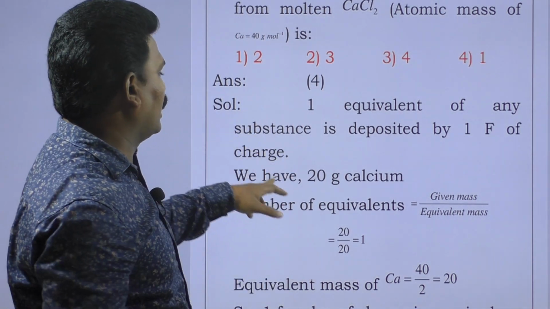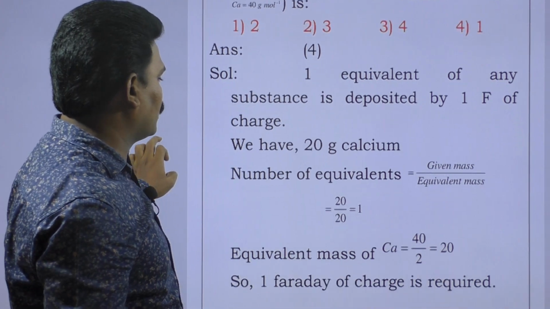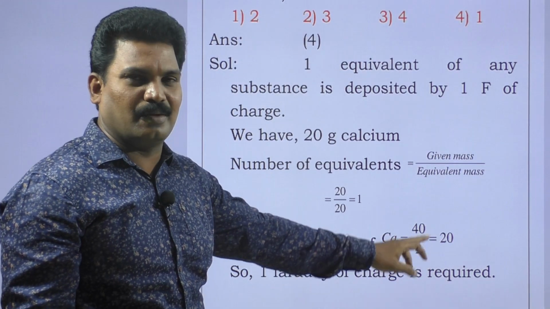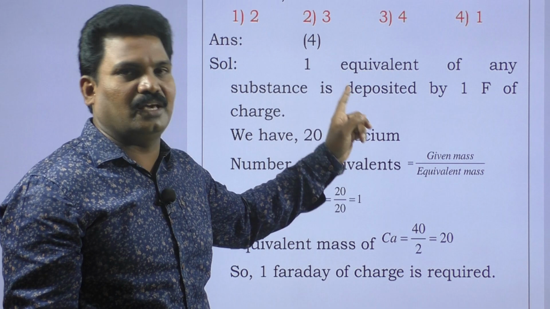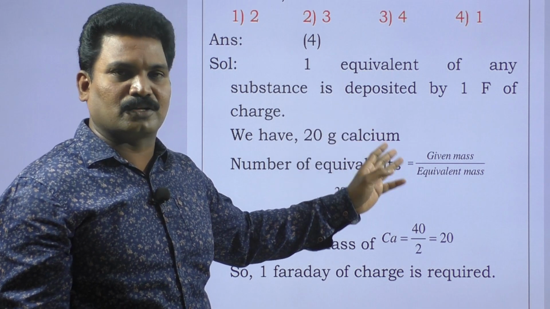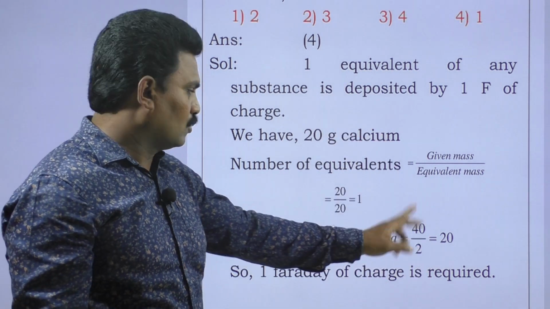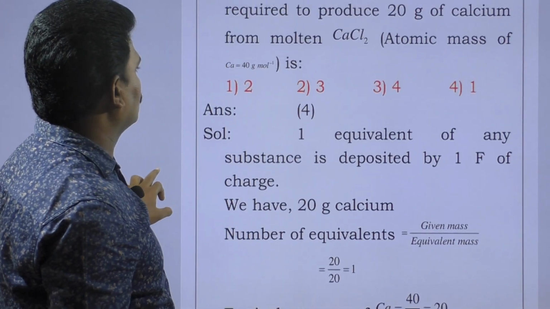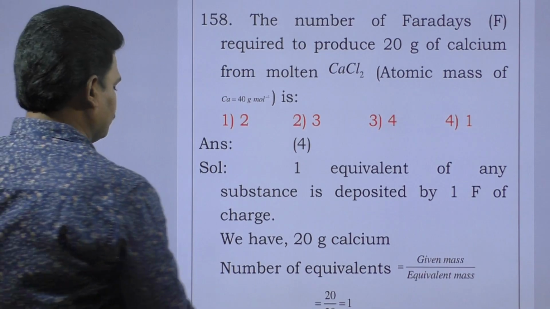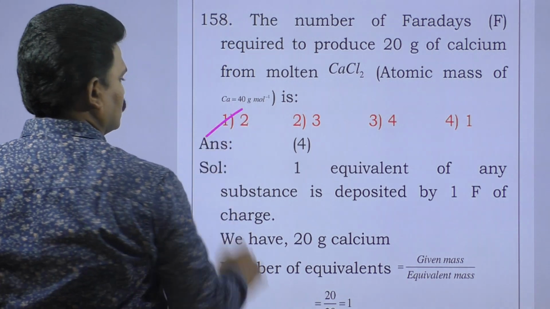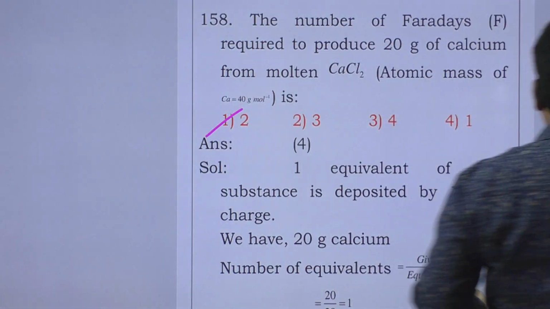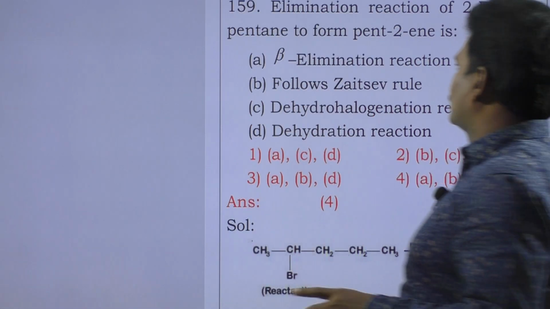Gram equivalent weight of calcium is 40/2, atomic mass by valency, because in CaCl2 calcium valency is plus 2. So that is equal to 20 grams. That means 1 Faraday. So the answer is the first option. 1 gram equivalent weight is 20 grams of calcium atomic weight. Next question.